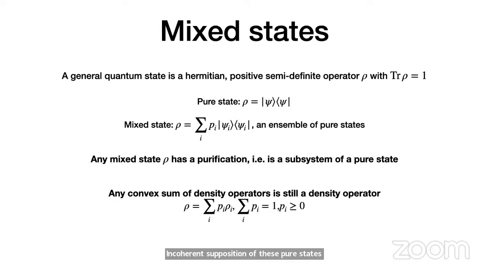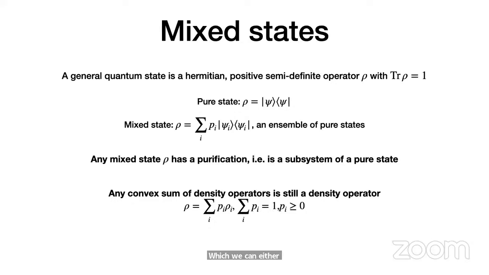And there are many things we can say about mixed states, but I just want to make these two statements. First, any mixed state has a purification. That means any mixed state can be thought of as describing a subsystem of some pure state, which you can easily prove from the spectral decomposition of mixed states.